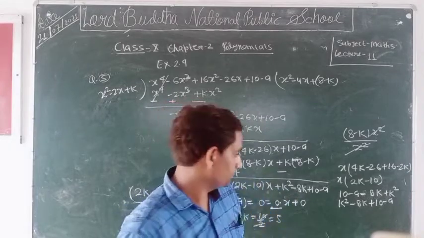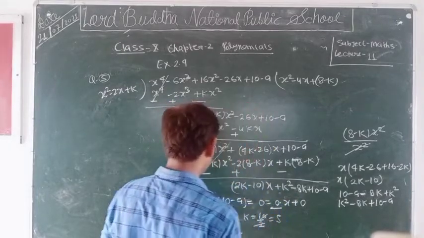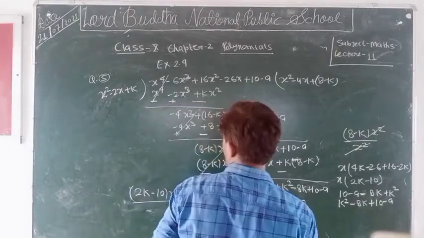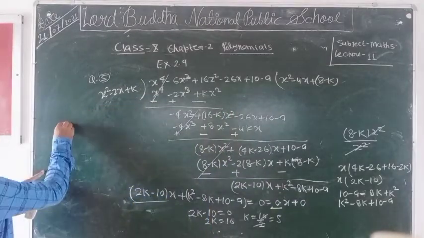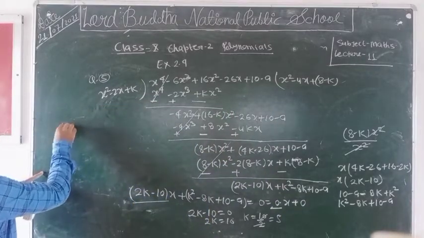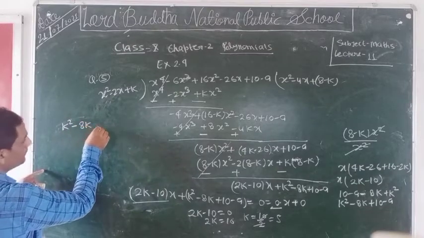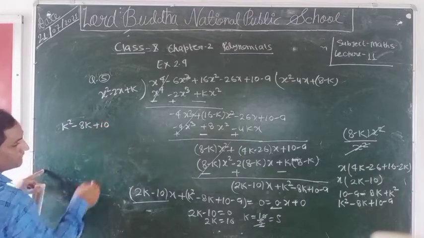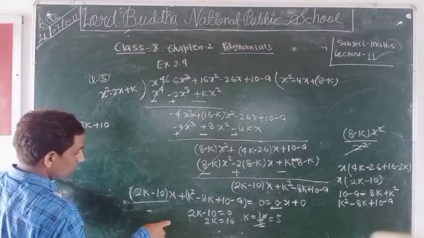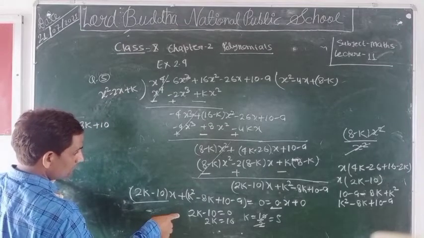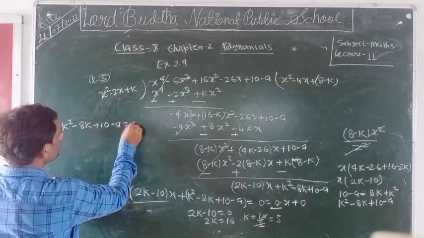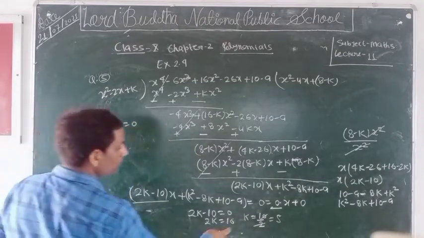Now we compare the second term, the constant term. Here we see that k square minus 8k plus 10 minus a equal to 0. The value of k is 5.